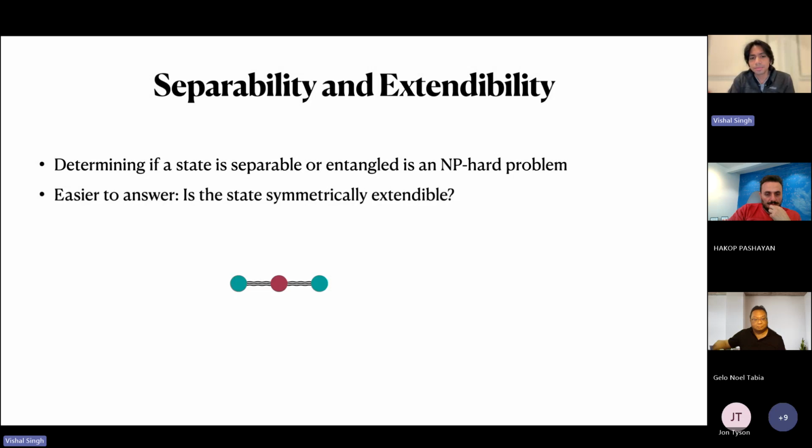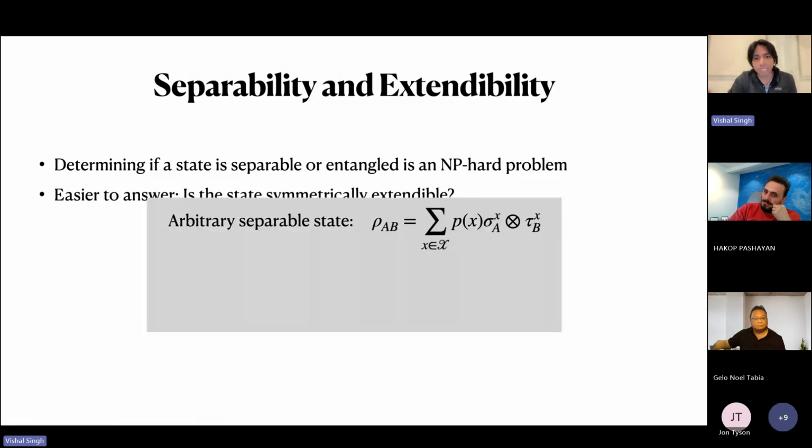When you ask this question, it's very clear that you can always find such an extension of a separable state. Why is that? Let's say rho is a separable state, then you can always write it in this form, where p is a probability distribution, and sigma_x is a set of states and tau_x is another set of states.